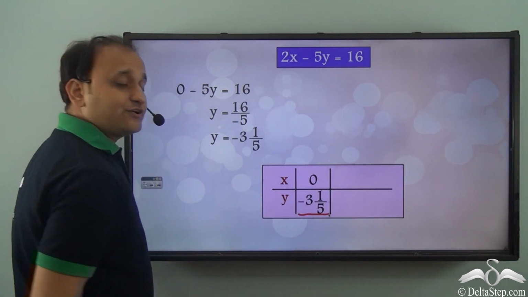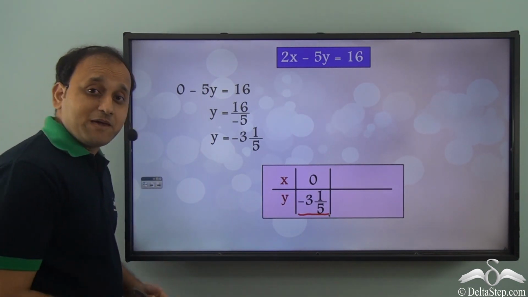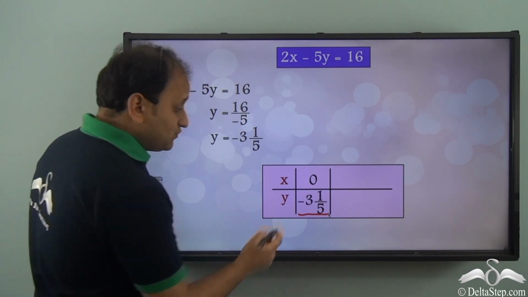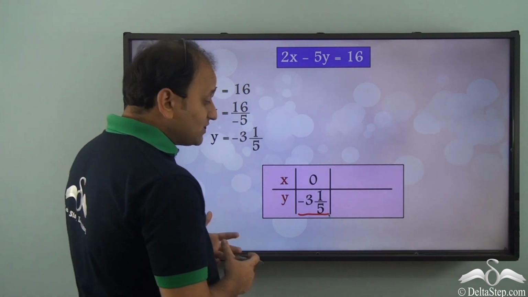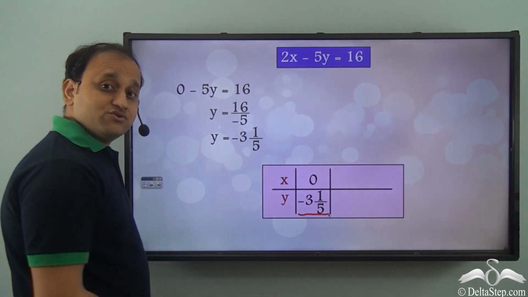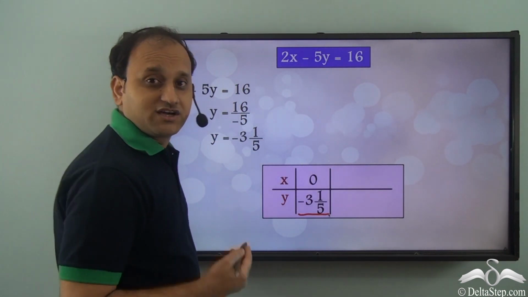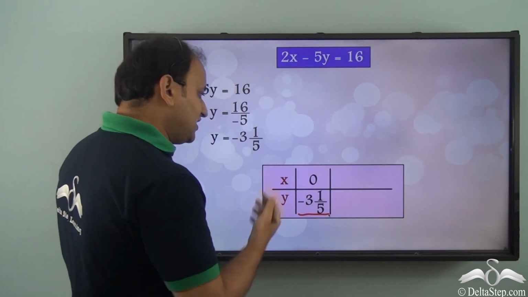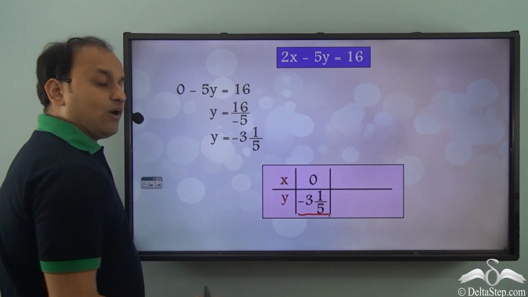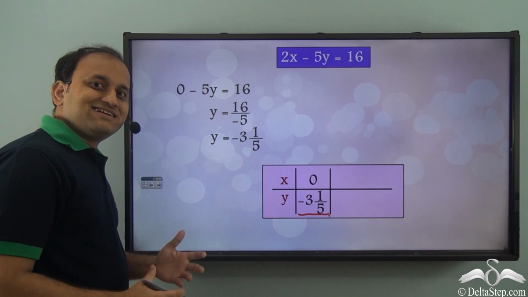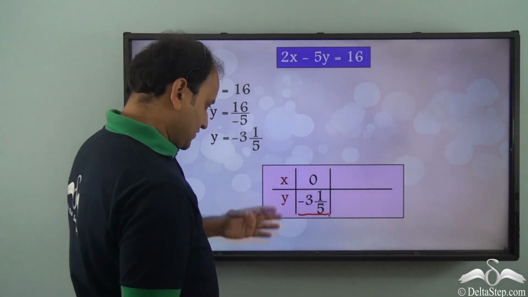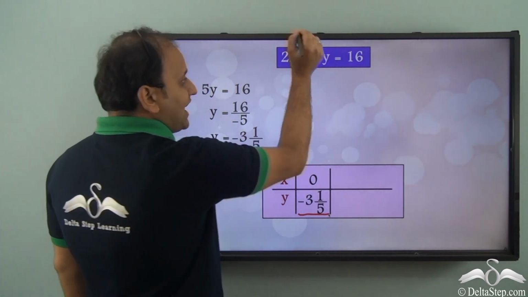Now this is difficult to plot on a graph paper. So sometimes you will get such values. So in this case, what you'll have to do is you'll have to find more values which are easier to plot on the graph paper. So now definitely we'll also see what is the x-intercept. Is it easily plottable or not? So we will take y as 0.